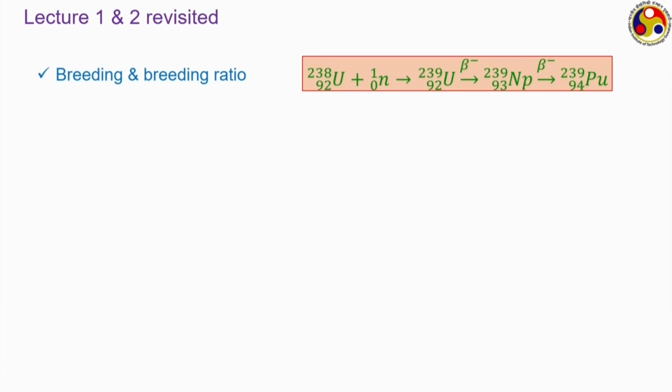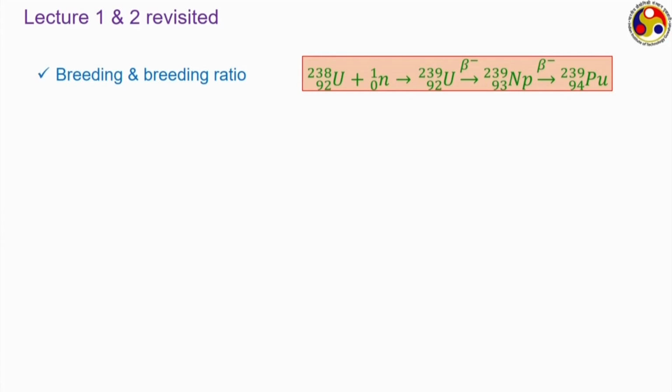And when it starts with thorium 232, then after absorption of the neutron we get thorium 233, which goes through 2 successive steps of beta decay to produce uranium 233. But there can be other kinds of breeding reactions as well, which are direct, like plutonium 238 can absorb a neutron to produce plutonium 239, or more commonly plutonium 240 can absorb the neutron to produce plutonium 241.